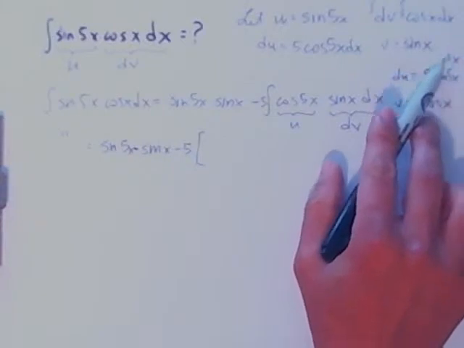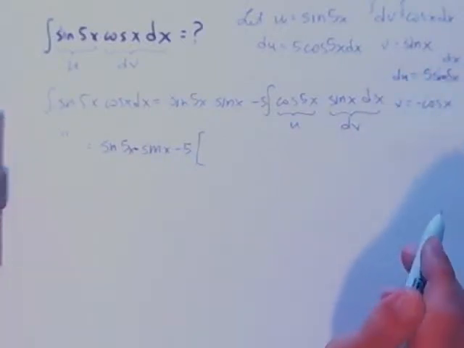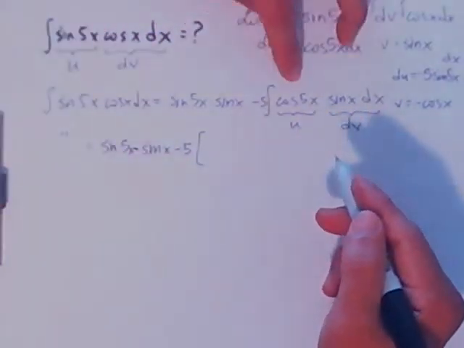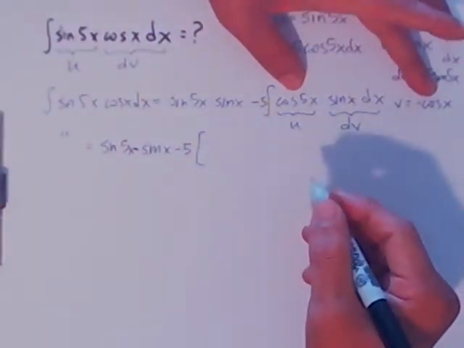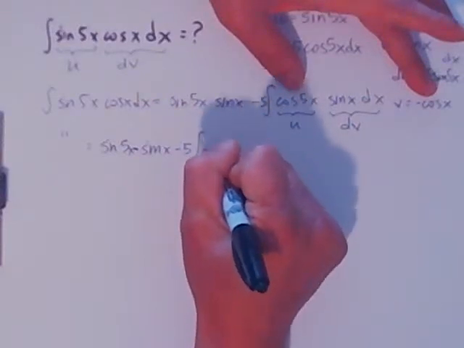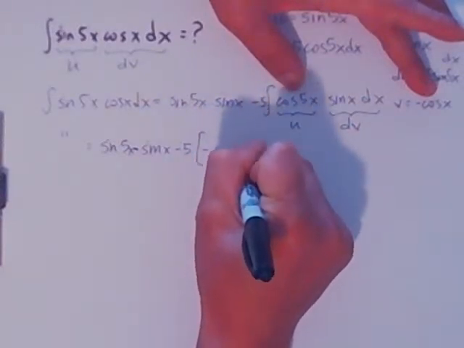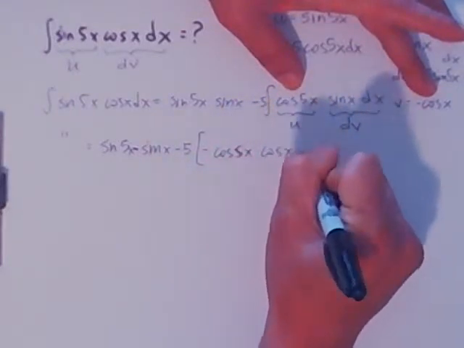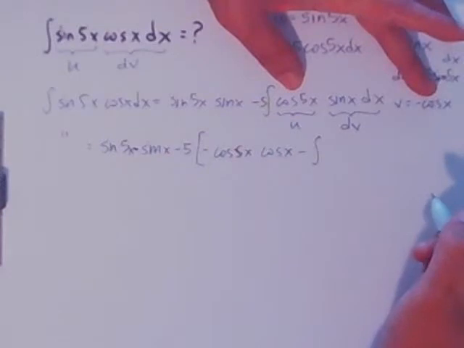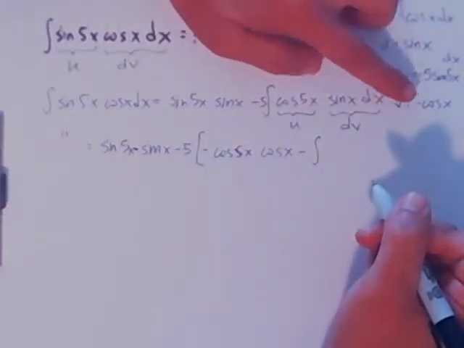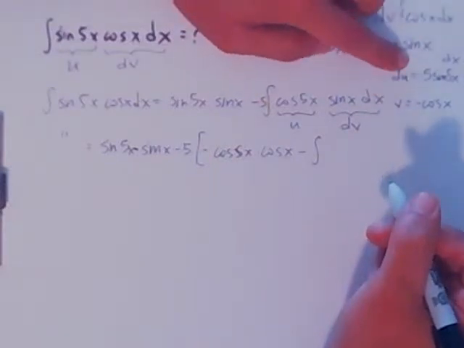Okay, I always make my students write it, so I should do what I say. Anyways, u times v is going to be negative cosine of 5x times the cosine of x, minus the integral of v du. Where's v? And then du. There it is right there.